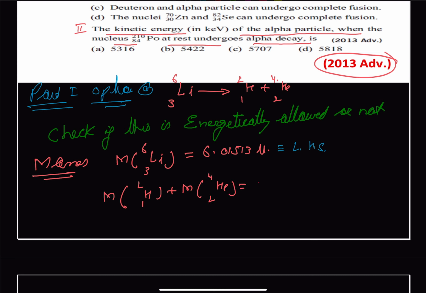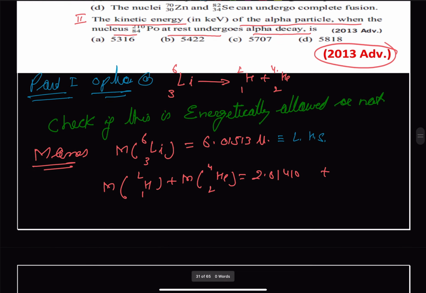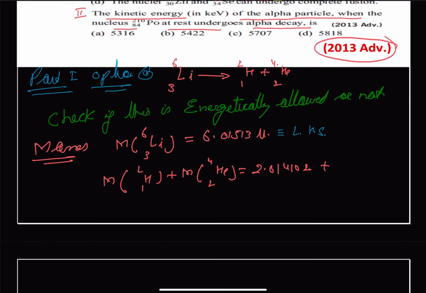So this is 2.014102 plus that of helium, 4.002603, and this comes as 6.016705 AMU, and let us call this our RHS.